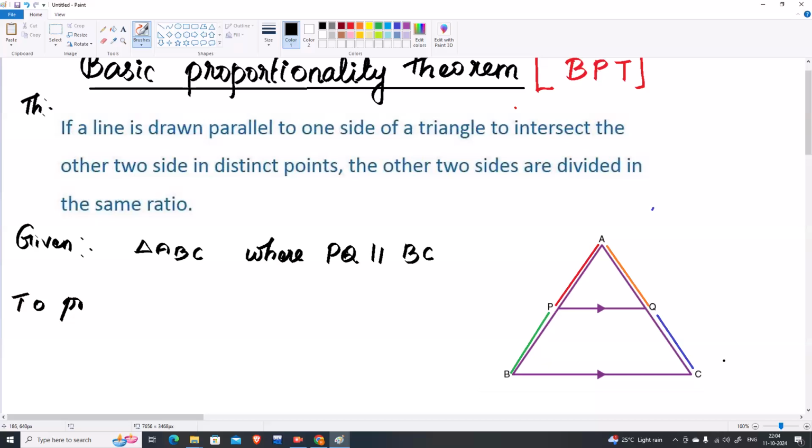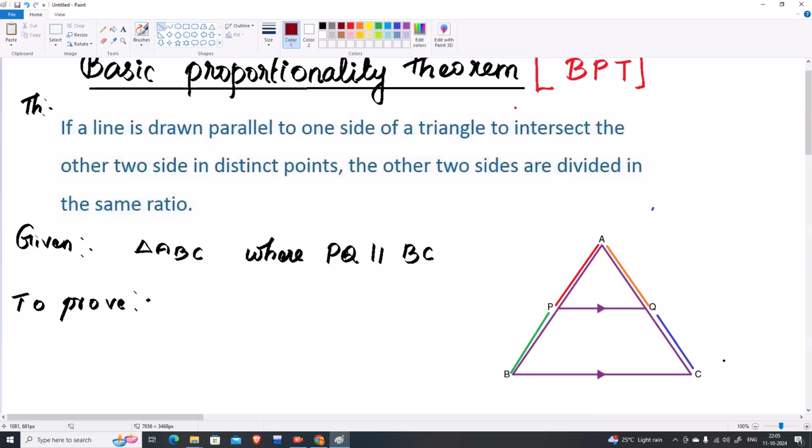Now what do we have to prove? We have to prove that the remaining two sides of the triangle are proportional. Here we have considered only the side BC. Apart from BC, the two remaining sides are AB and AC.